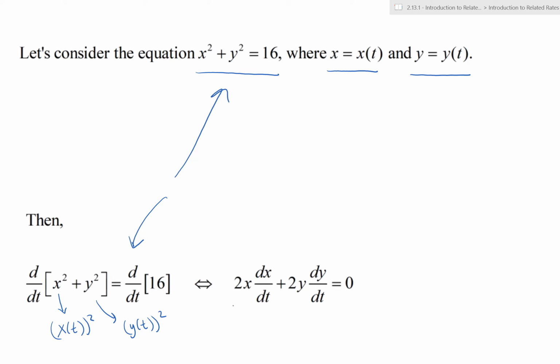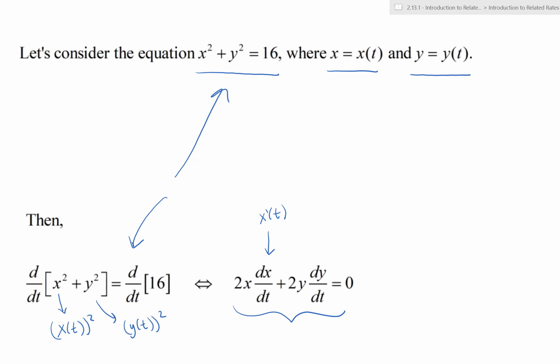The derivative of the inner function x of t is dx dt, or x prime of t, and for the outer function, bring down the power of 2, leaving a power of 1 on the x, so 2x dx dt.